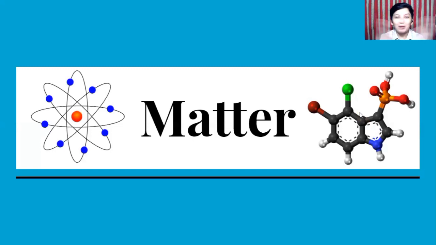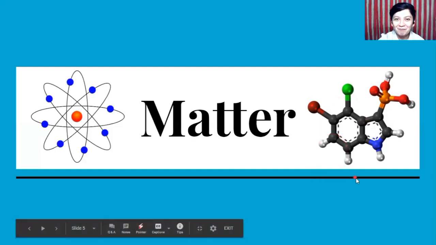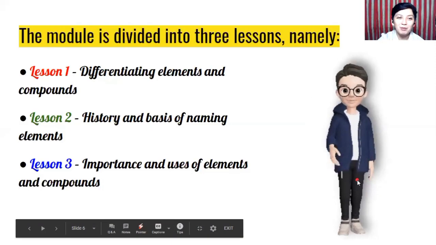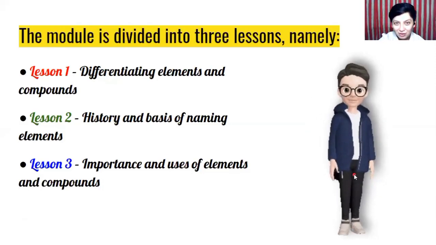Okay? Around us, we are made up of matter. When you look up outside, when you look out inside, when you look out everywhere, we are surrounded by matter. To start with, this module is divided into three lessons.